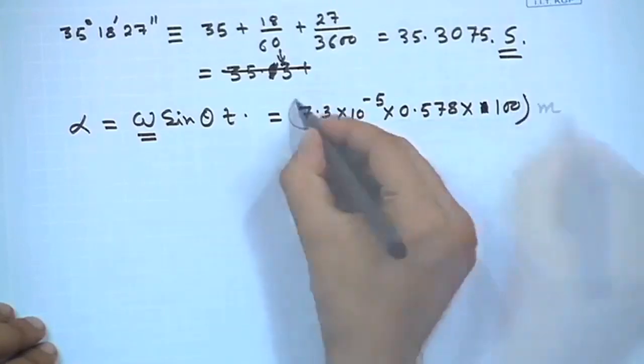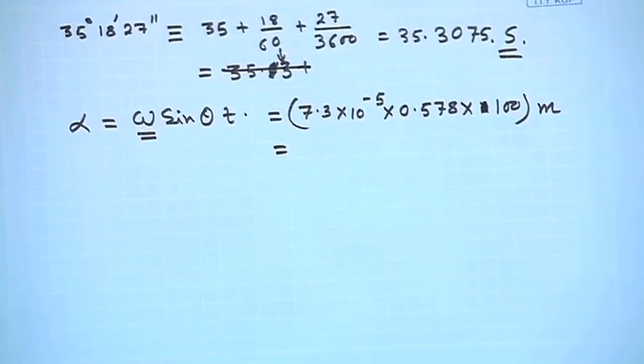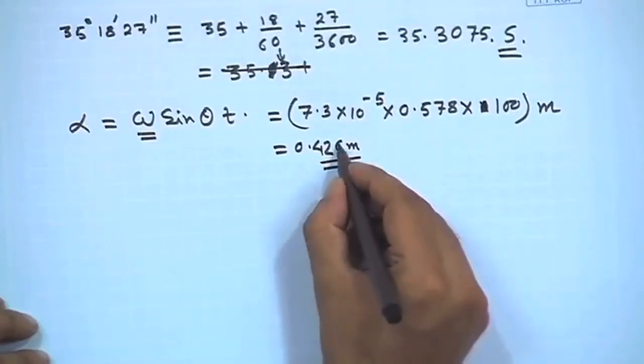So, if we calculate the deviation, we multiply this by 7.3 into 100, and we get approximately 0.42.